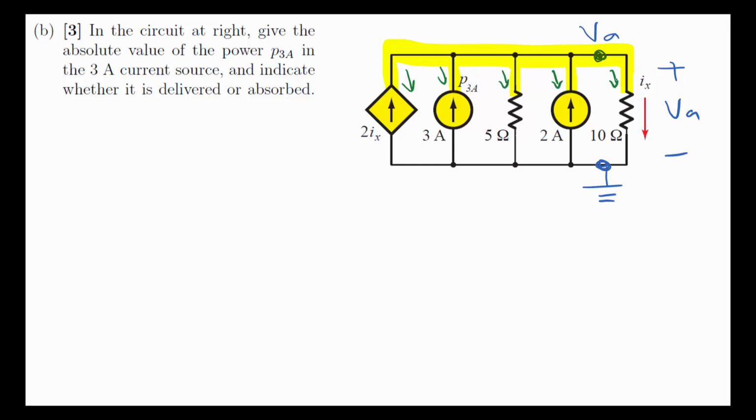Each of those branches is going to have its own term. So now let's write the node voltage equation. We'll do nodal at node A.